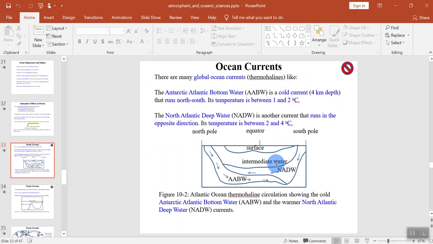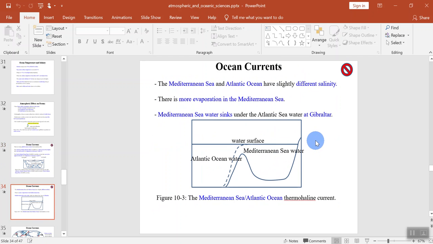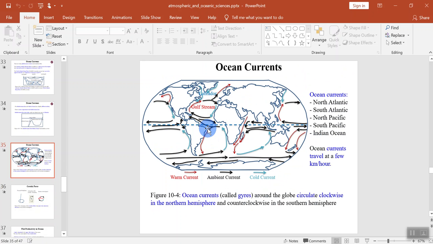Let's look at them here. Skip this one, skip this one. There they are. The Gulf Stream, just like the Foucault pendulum, just like the anticyclone, the H formation, there they are in the northern hemisphere. And it's opposite in the southern hemisphere. Okay, the Labrador current, the Gulf Stream, this is due to Earth's rotation. They travel a few kilometers per hour.